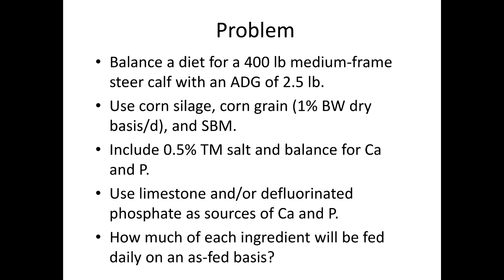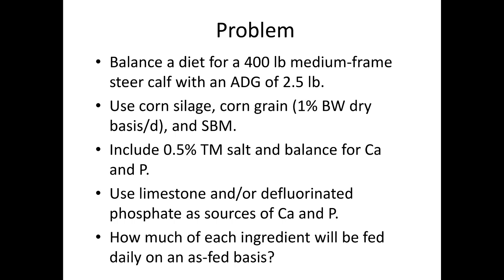Okay, let's try another problem. Let's balance a diet for a 400-pound medium frame steer calf that has an average daily gain, or ADG, of 2.5 pounds.